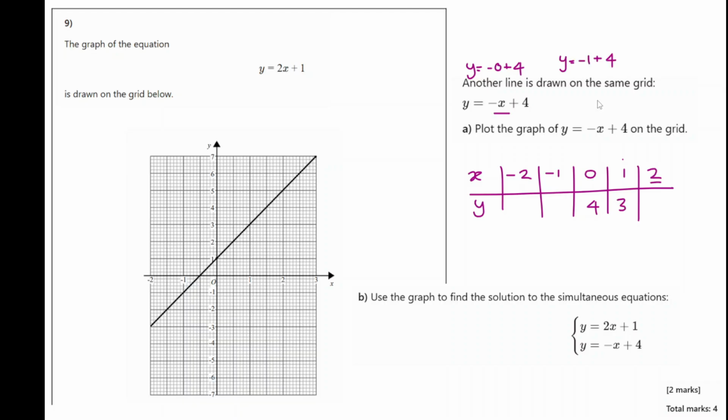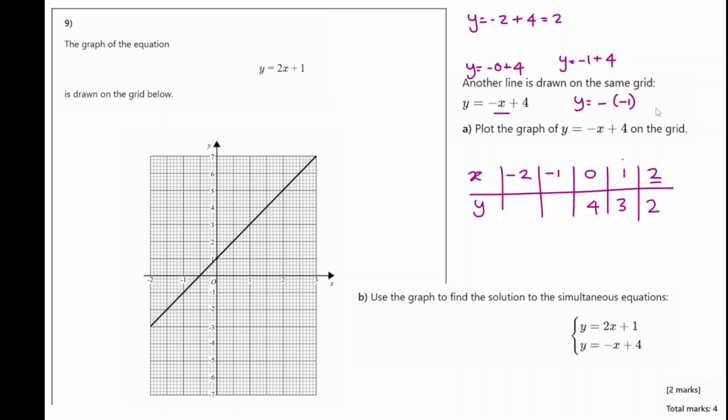So you get y is equal to negative 2 add 4. That will be 2. So let's put 2 here. I can see the pattern now, but let's check one more. Let's put negative 1. y is equal to negative negative 1, because this is negative, add 4.